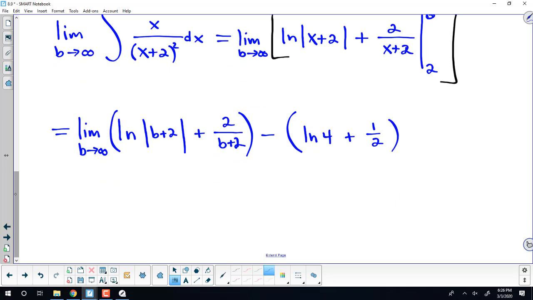So we see that infinity minus infinity wouldn't be the case here, because this is some finite number. This is finite. As b approaches infinity, this is basically the natural log of infinity. We know natural log goes off to infinity. So that's infinite. 2 over b plus 2 as b goes to infinity is approaching 0.